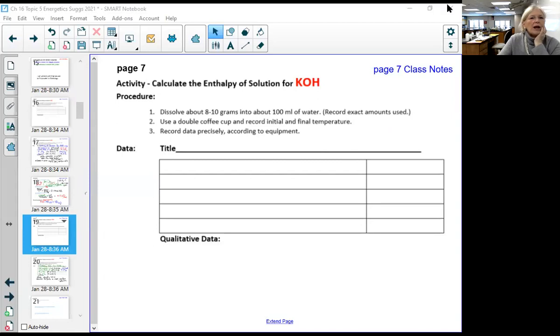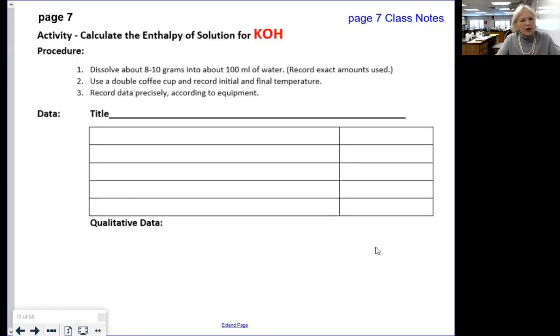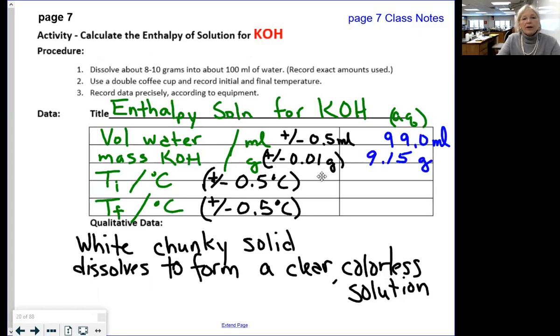In our class notes on page 7, I am here on this document. I'm going to show you that I have filled in some of the data already. 99 mils of water. I have already massed out 9.15 grams of KOH, a different chemical.